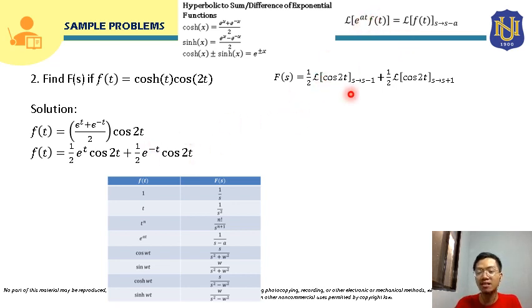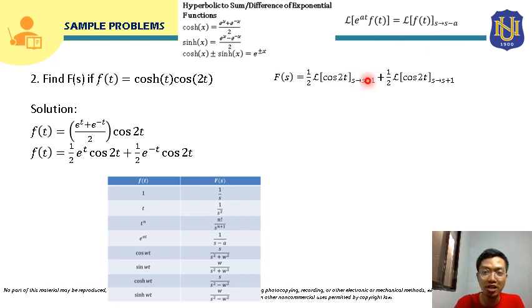So applying the first shifting theorem, we will just solve for the Laplace transform of f of t. In this case, the f of t here is cosine 2t. So the Laplace transform of cosine 2t will become in terms of the frequency variable s. We will just replace all variables s by s minus a.